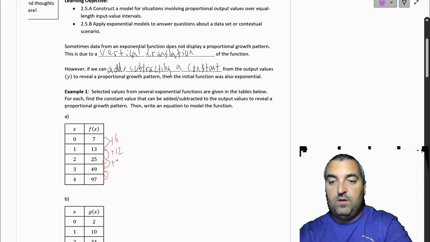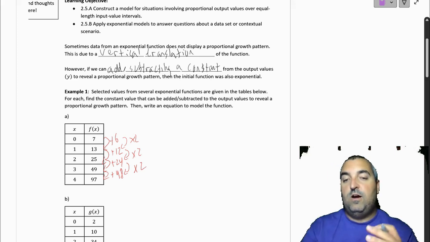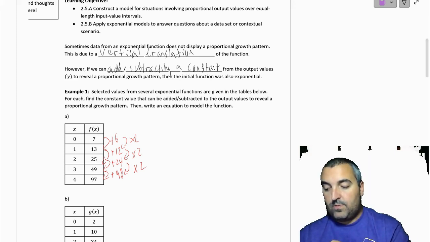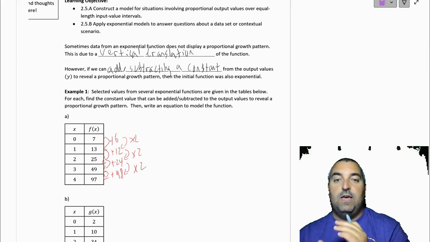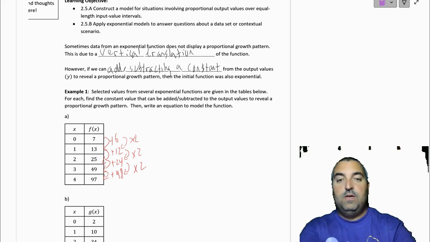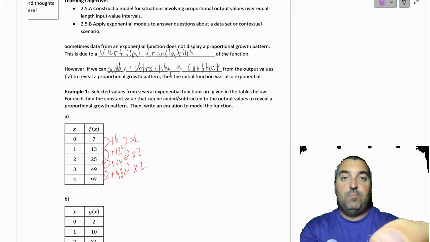So 12, and then 24, and then 48. Well, if you notice, these differences are all being multiplied by 2. And there's our common ratio, multiplying by 2. But now the problem is, how do we write the function based off of this? What we're going to do is come up with a system.